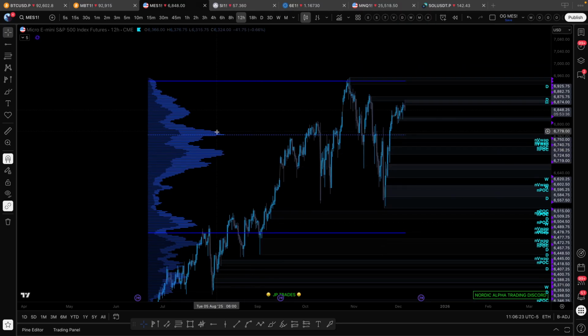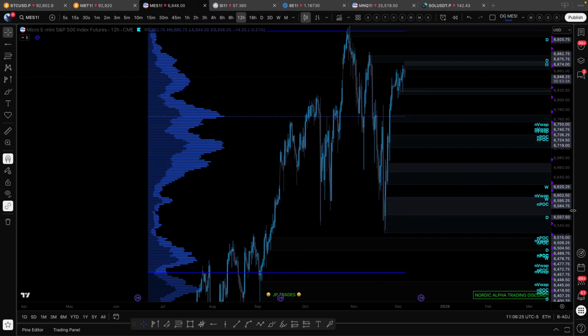However, we see a high volume node here. We see a high volume node here aligning with this order block. We see a high volume node here aligning with this order block. We don't see as much volume here, but you do have a high volume node within a valley, or within a low volume node area.